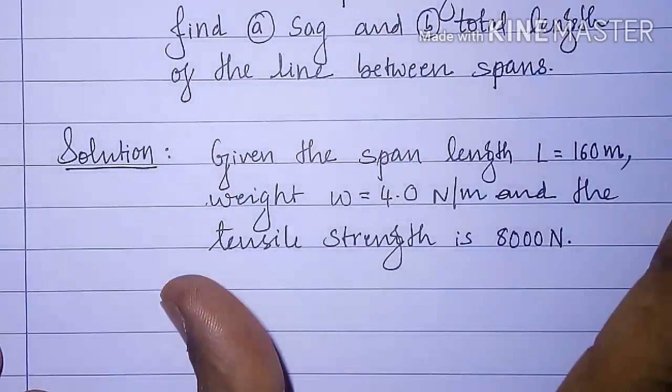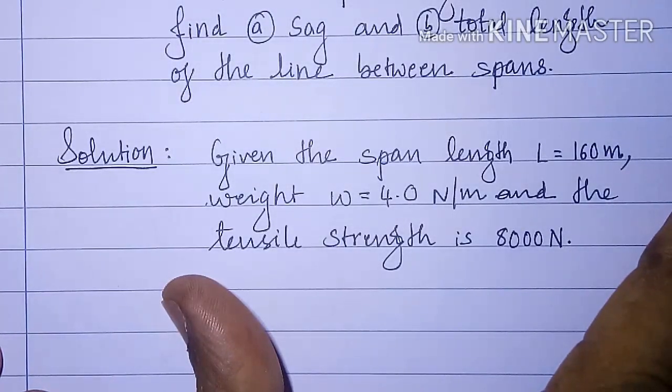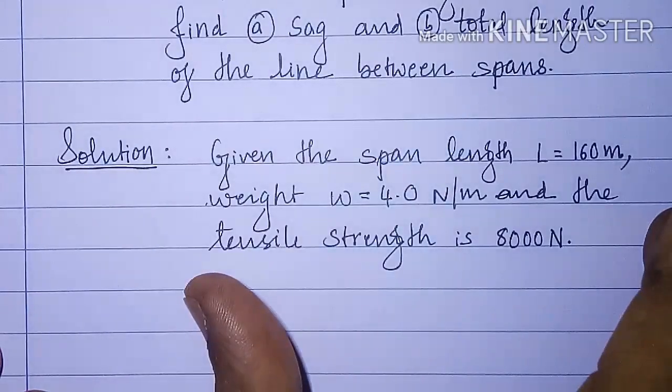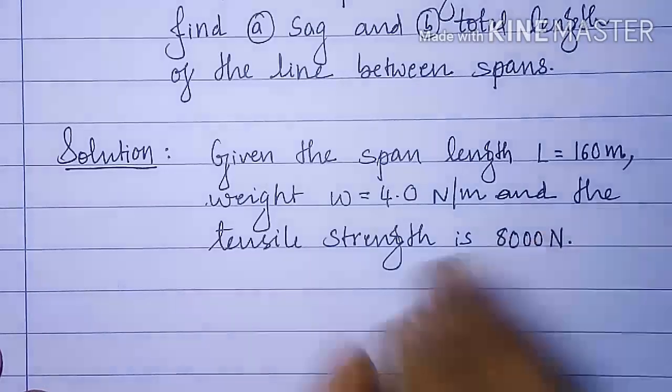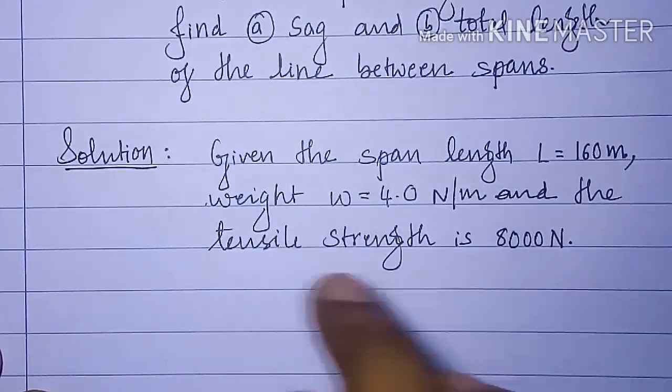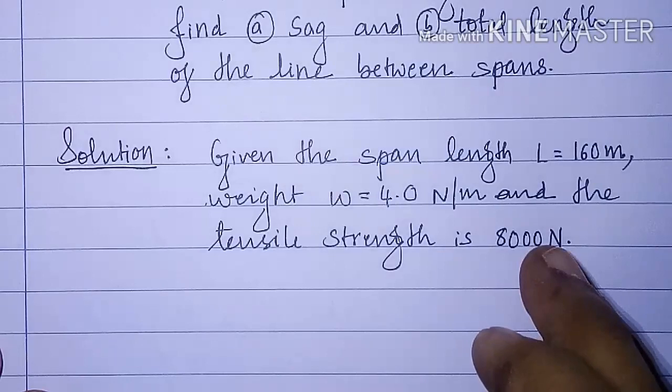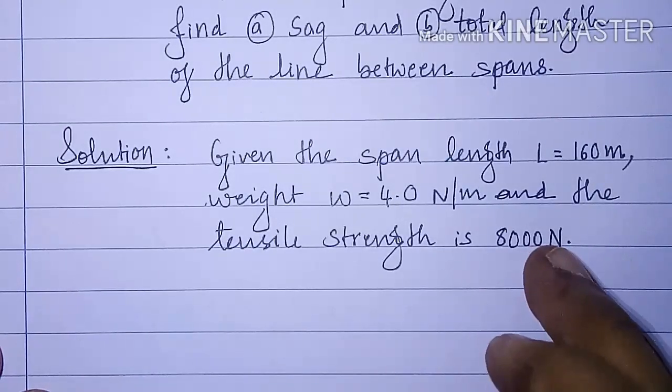The tensile strength here means it is maximum tensile strength. The working tensile strength may be calculated as the maximum tensile strength or ultimate tensile strength divided by factor of safety.